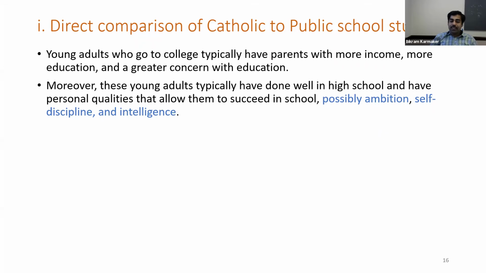Moreover, these young adults typically have done well in high school. They have personal qualities that allow them to succeed in school, possibly ambition, discipline, and intelligence. So it is hard to think about a study where you can measure everything that will be relevant and everything that will make your comparisons exactly fair.